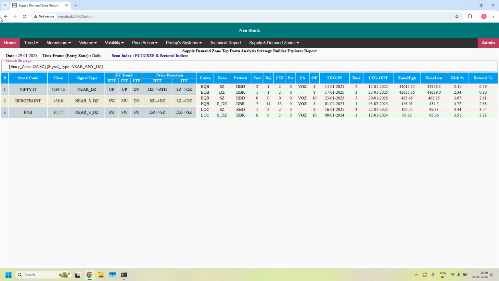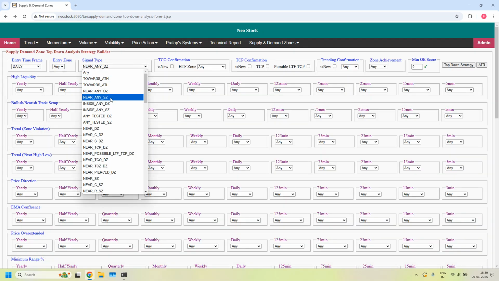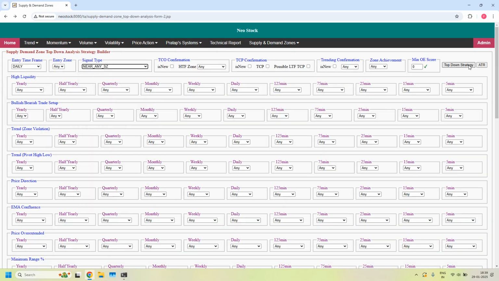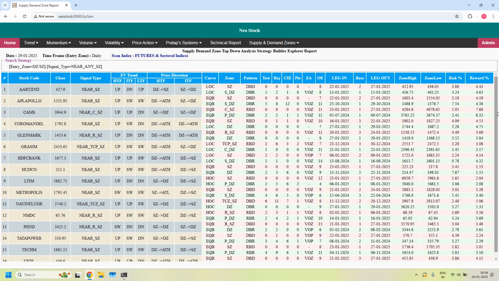Okay, next, daily time frame, let us find the stocks near daily supply zone. We got 16 stocks. Out of these 16, we need to identify high liquidity daily supply zones. CAMS is having a high liquidity zone. Glenmark is having a high liquidity zone.